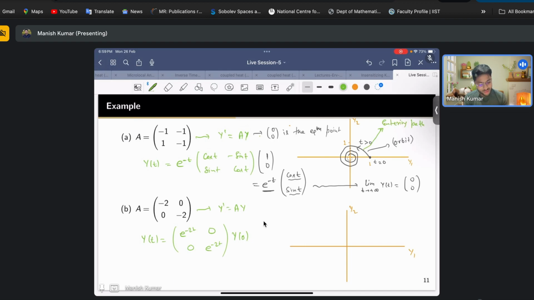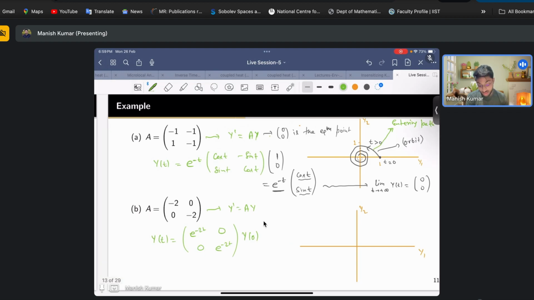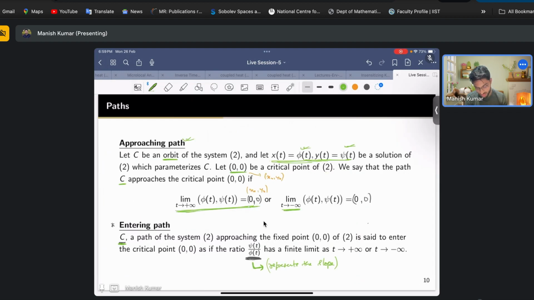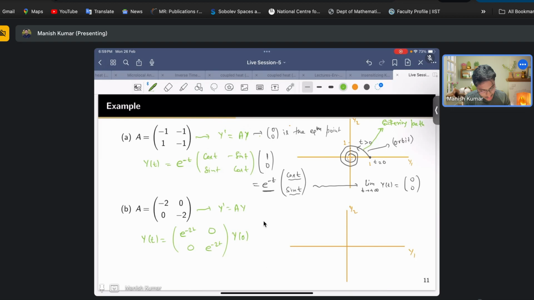So this is the orbit and this is the approaching path. But now the question is, is it an entering path? Now let us check the ratio.